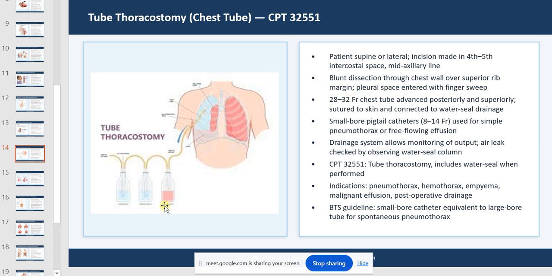The end of the tube is connected to one bottle which collects the fluid. So that is called tube thoracostomy, 32551. If you see here, this entire lung is collapsed because of large accumulation of fluid within the chest.